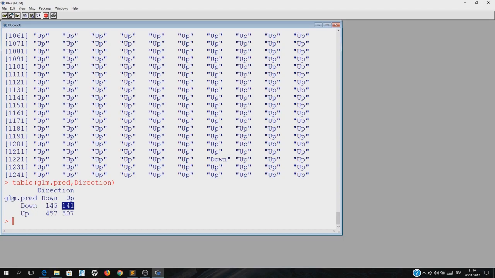Our direction was down and the prediction was down. So that's like 0.501, maybe 51. I'm not sure. We're gonna calculate that. And when our model says up and the direction says up, it was 507 times out of all of these, this plus this.